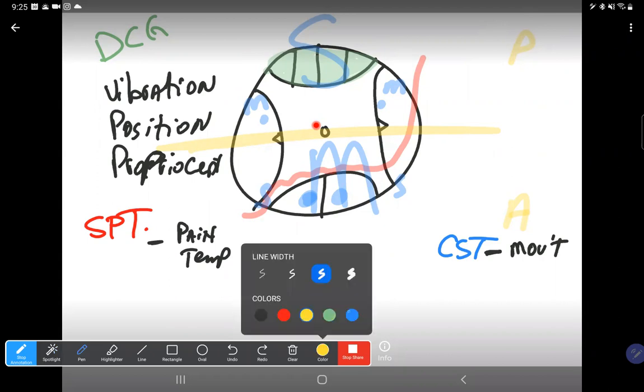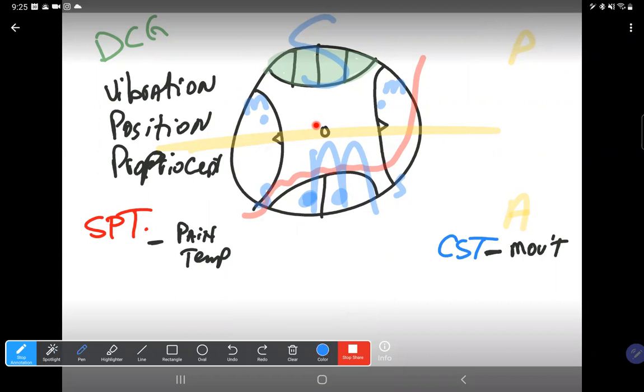For the most part, the anterior portion of the spine is motor, meaning like 90%, I'll say. Mostly motor and a little bit of sense. Not a lot, a little bit.